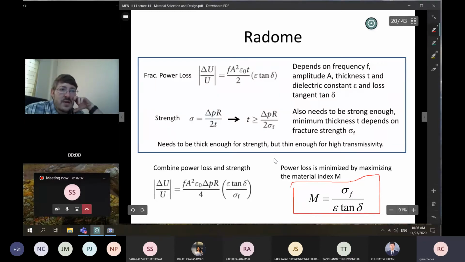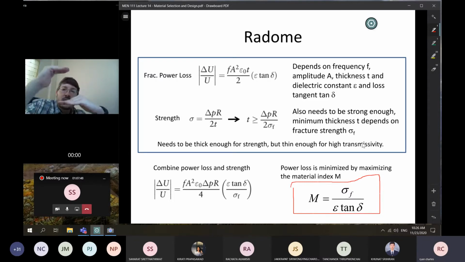The material needs to be thick enough. It needs to be thick enough for the strength, but thin enough for high transmissivity, right? So we're trying to balance the thickness here. Thick enough for strength, thin enough for transmissivity, right? So we can play with thickness and we can play with material selection.